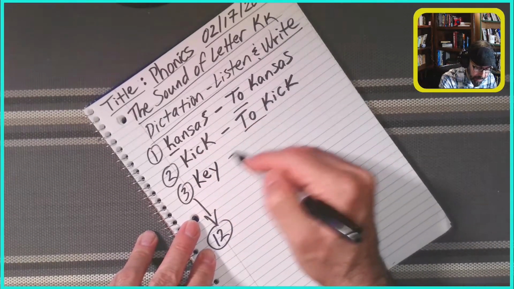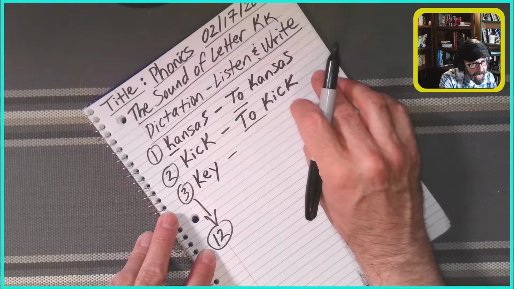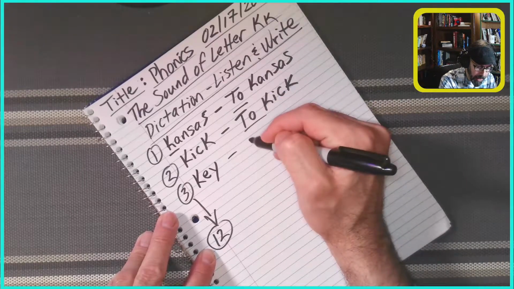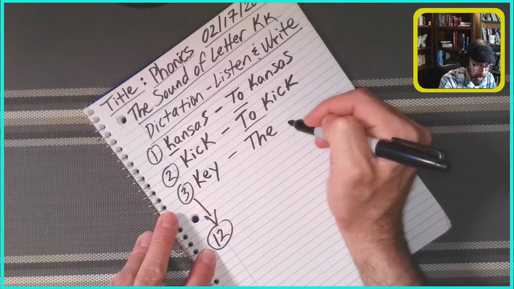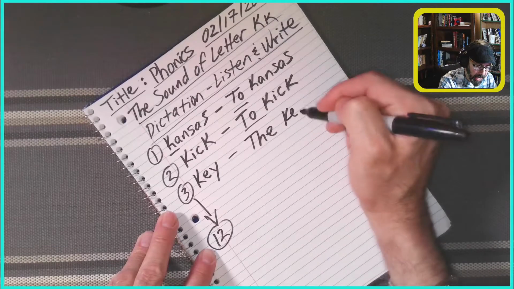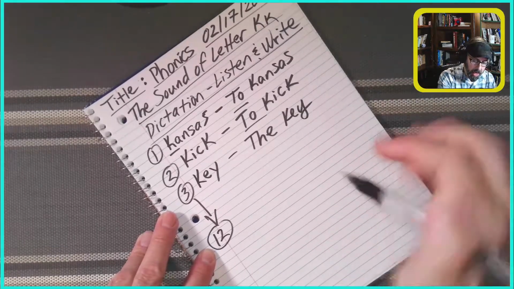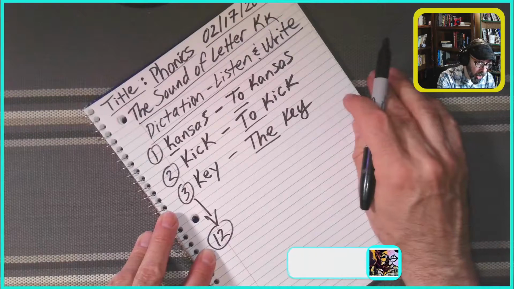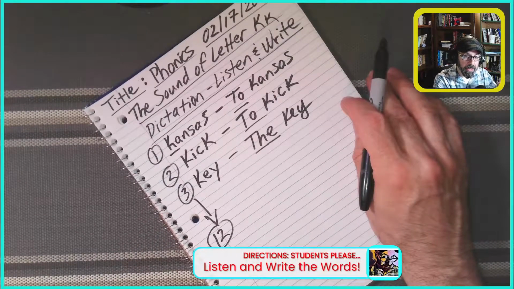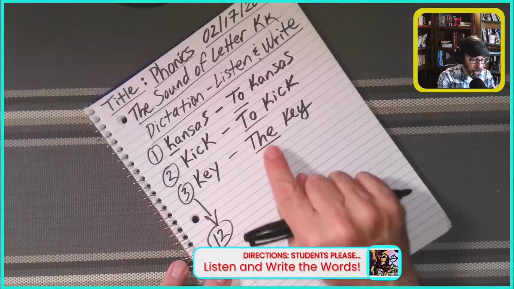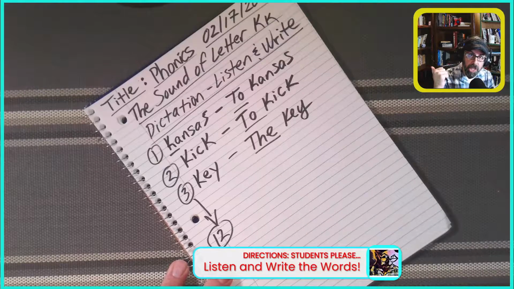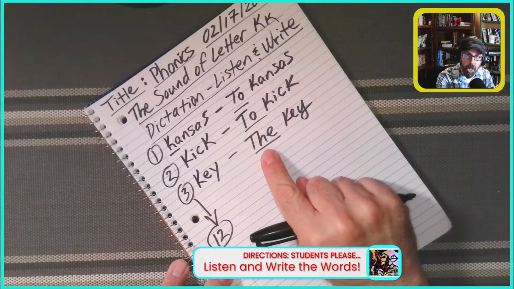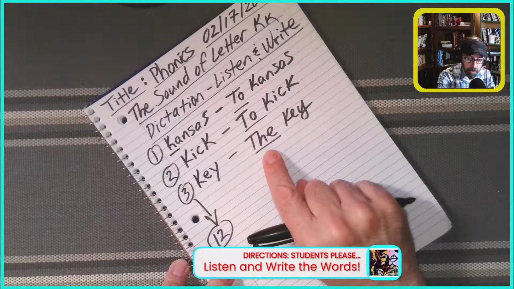K-E-Y, key. Okay, and what was the extra word? You heard me say "the key." So you see this word, the article, the. If you don't know about articles, go to the channel for Learn English with Teacher Joe. There is a grammar lesson for articles.